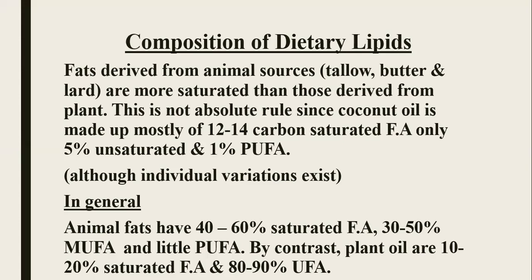Current recommendations direct us to obtain a maximum of 30% of energy intake from fat, with 10% each from saturated, monounsaturated and polyunsaturated fatty acids. Therefore, it is very important to take a controlled dietary intake of fat.